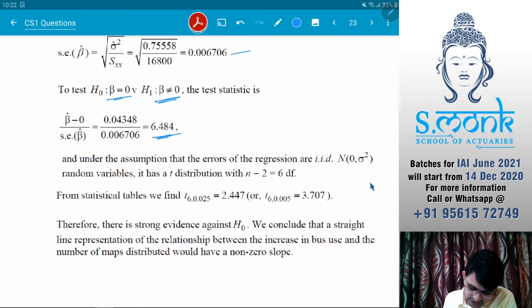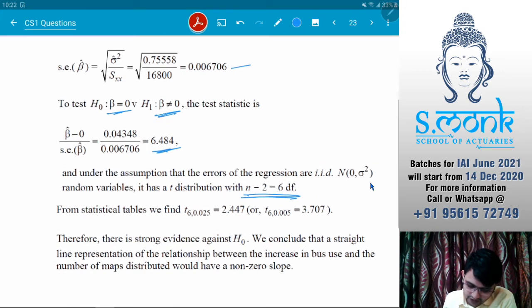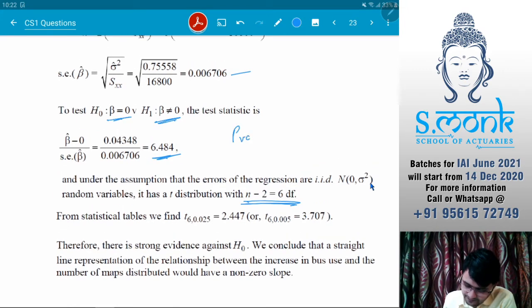Using that you can just calculate. Degree of freedom is n minus 2. Just calculate the p-value. For not equal to, it will just be p-value 2 times P(t6 greater than 6.484).